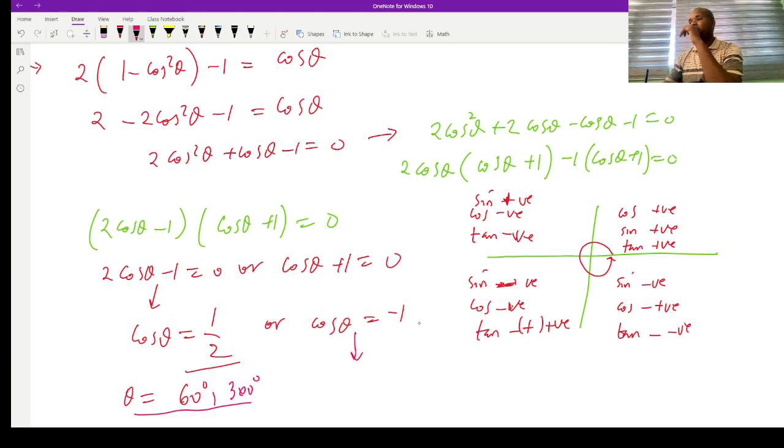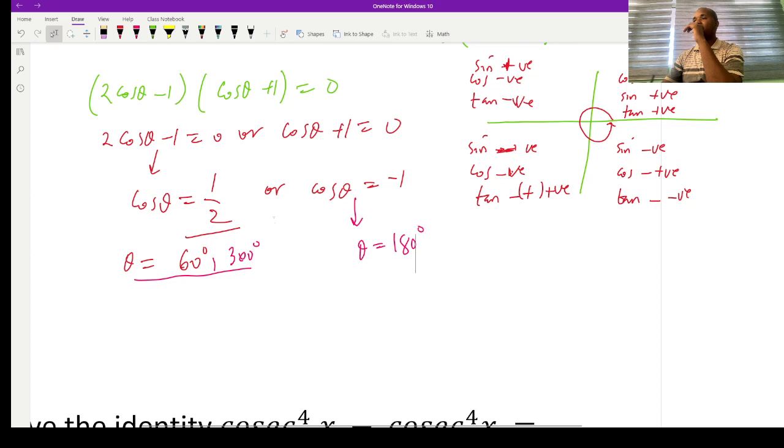Coming to cos theta equals negative 1, mind you, it is either 0 or 180, so here theta will be 180 degrees. So combining the two solutions, we're going to conclude that therefore theta is 60, 180 degrees, or 300 degrees, dear students.